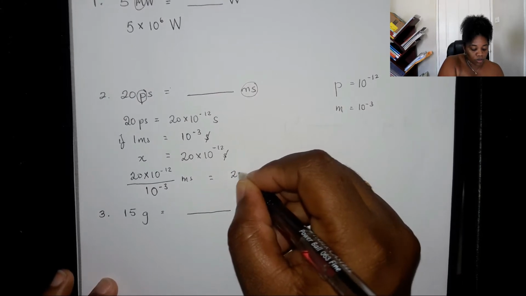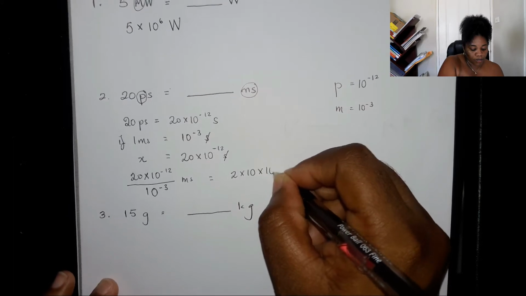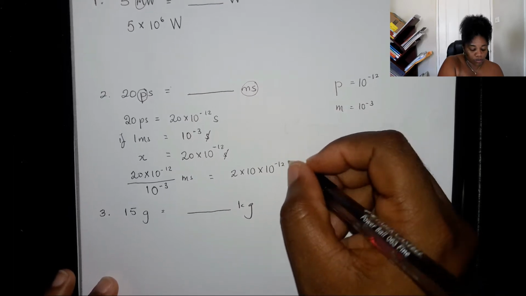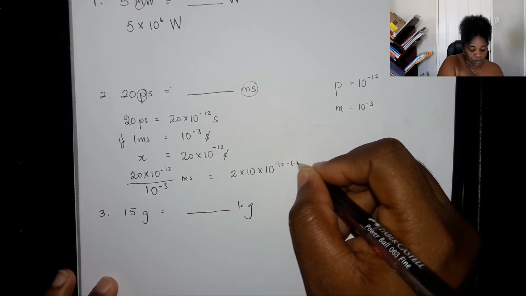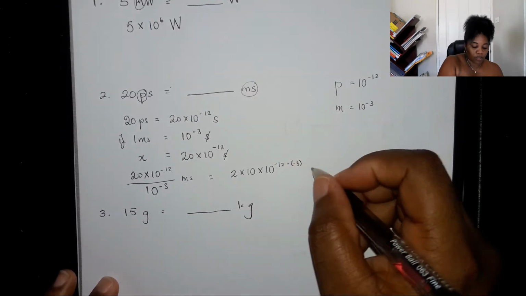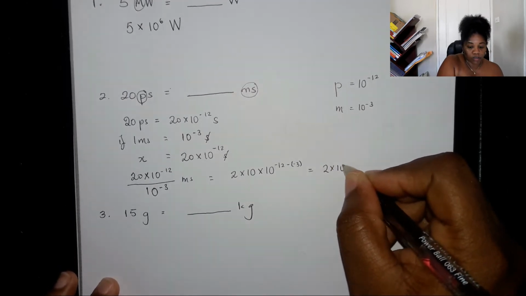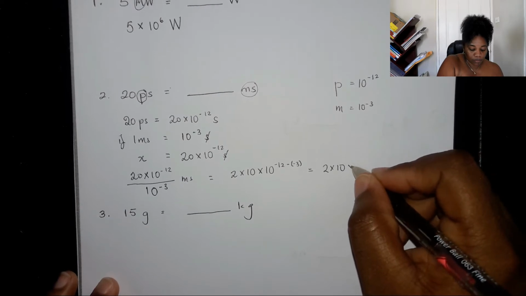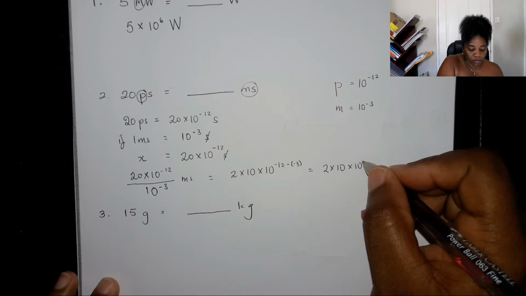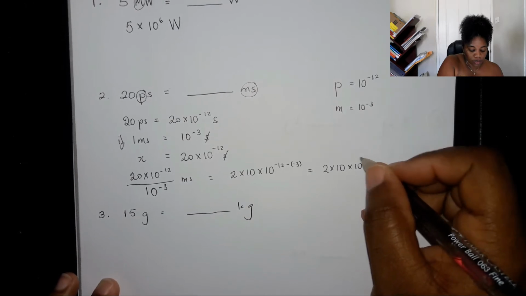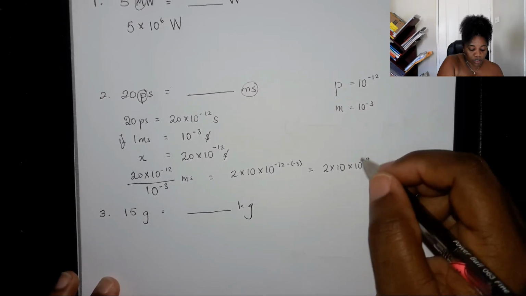And so we know that 20 is 2 times 10, times 10 to the negative 12 minus 3. Okay? And so what we're going to get is 2 times 10 times 10 to the negative 9. It was negative 12 plus 3, so negative 9.